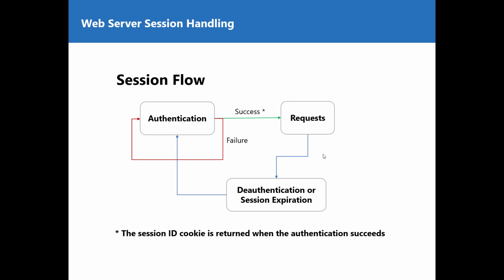The session ID is then returned as a cookie when the authentication succeeds, and subsequently the cookie will be passed back to the server in any subsequent requests until the session is either de-authenticated, which is an actual manual call that you can perform, or the session has expired and been removed. At which case you're back to point one, where you would need to re-authenticate, and a new session ID would be created and a new cookie returned.